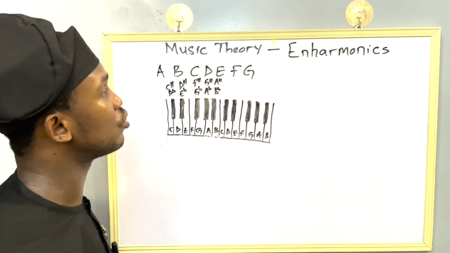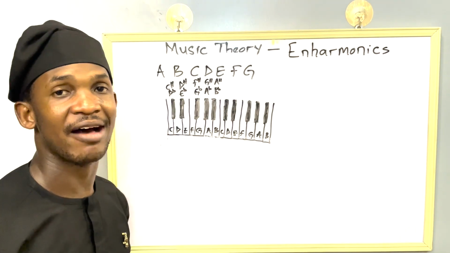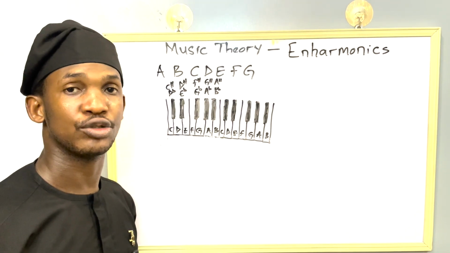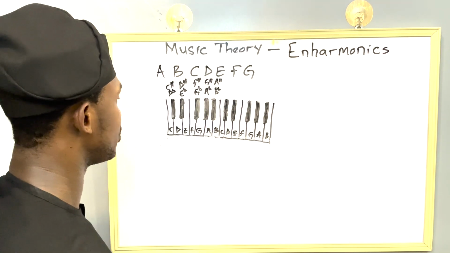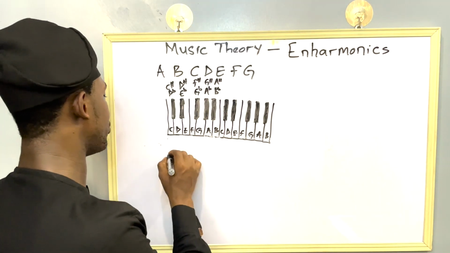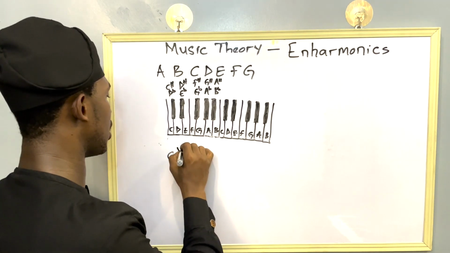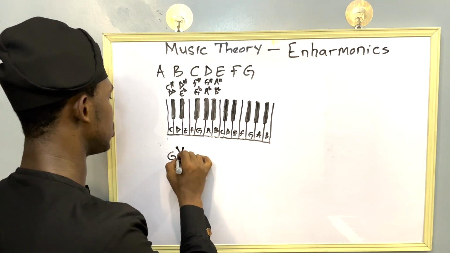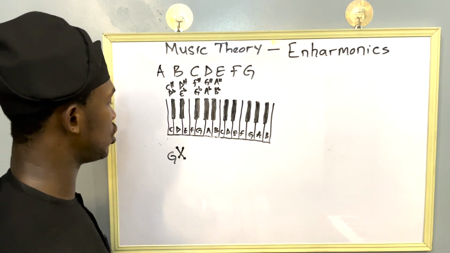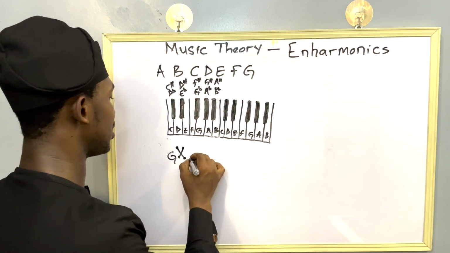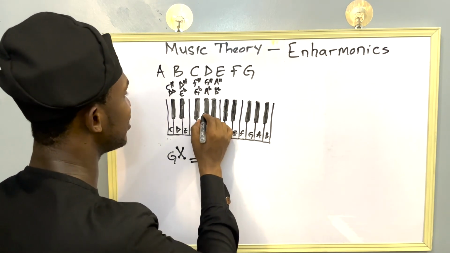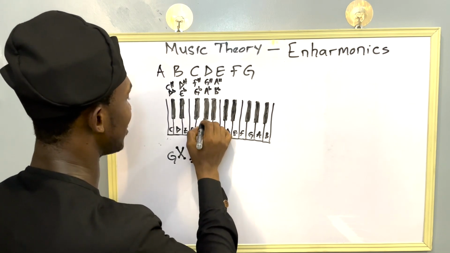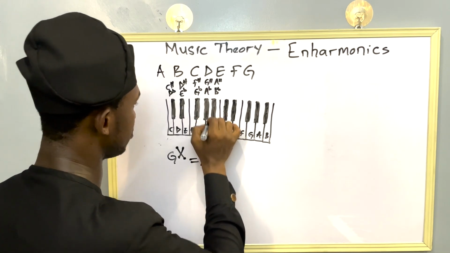So enharmonic notes are notes that have two names, but it's still the same pitch. For example, G double sharp is the same thing as A, because it means raise G two times by a semitone: G sharp, G double sharp.